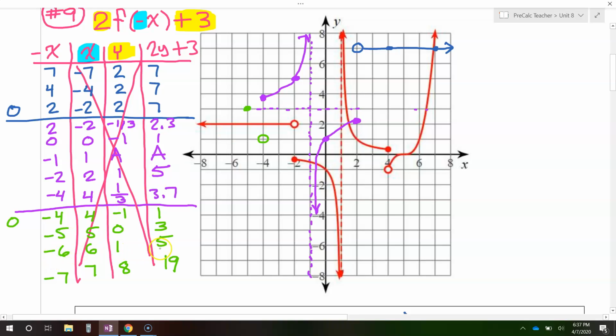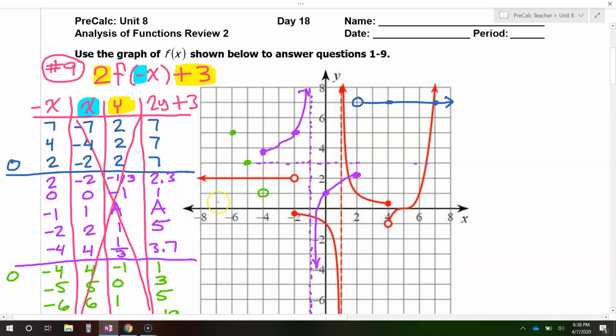And then negative 6 comma 5. Okay, so negative 6, 5 is right here. And then it would have been negative 7 comma 19. So 19 is going to be way, way, way off the graph, way up high somewhere.